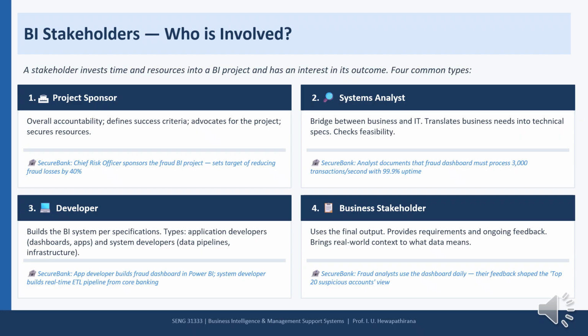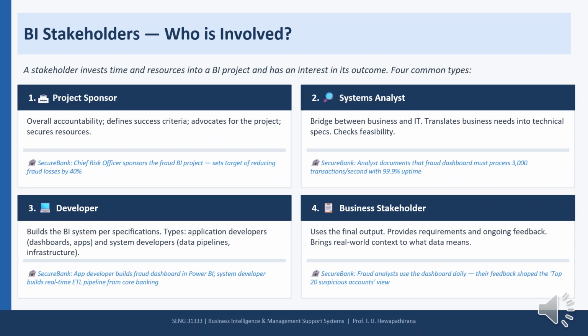The second stakeholder is the systems analyst. This person serves as the bridge between the business world and the technical world. Their job is to listen to what the project sponsor and business stakeholders need, and then translate those needs into precise, detailed technical specifications that developers can actually build from.